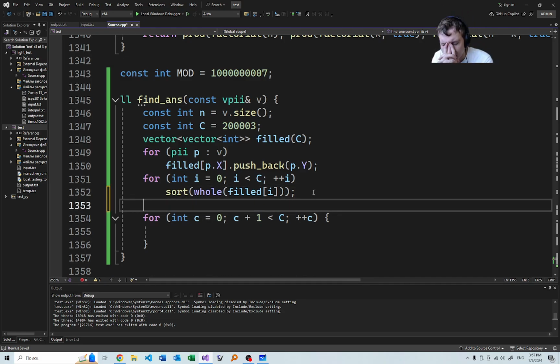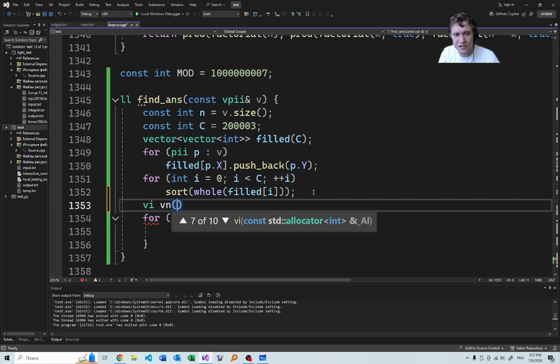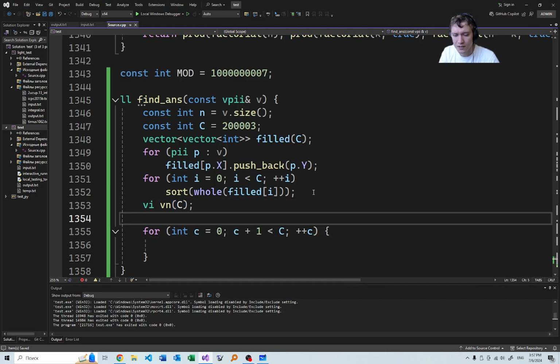So let's also create some vector of numbers of the vertices. So vertex number of size c. This is actually, if I take the lowest stone in the ith column, what is the number of the vertex above it?